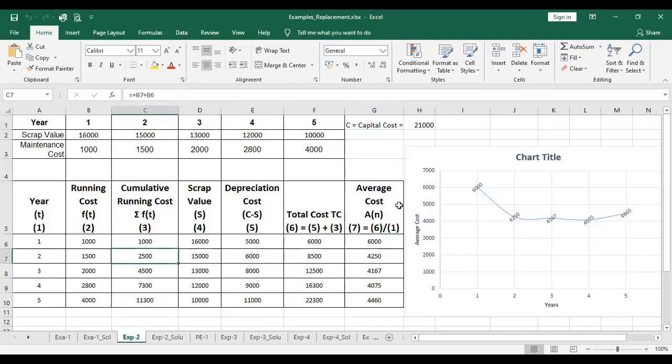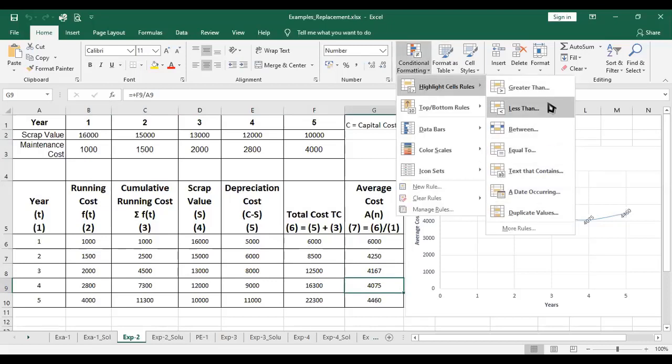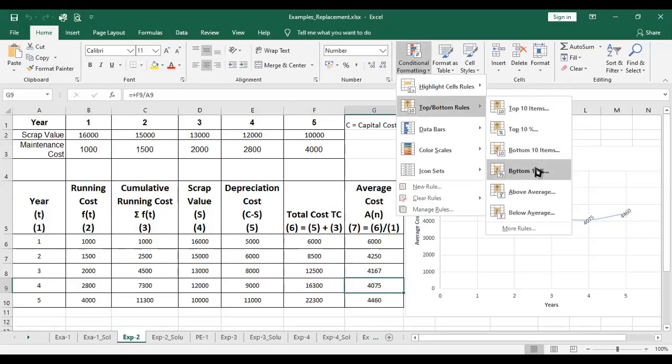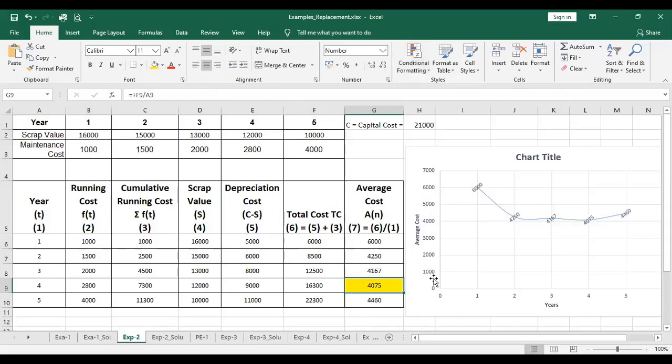For that we solved this numerical, where the average cost after the fourth year is 4075, and for the fifth year the average cost increases to 4460 rupees.